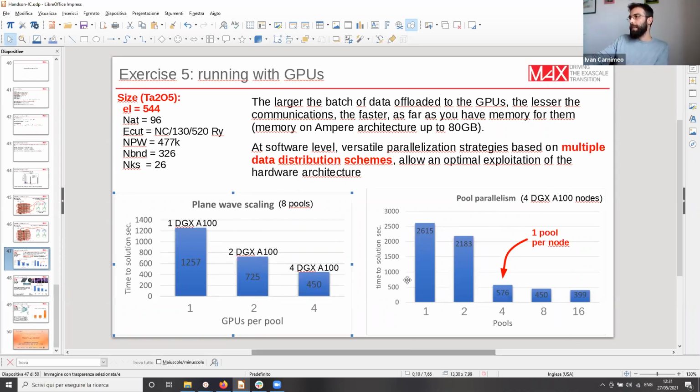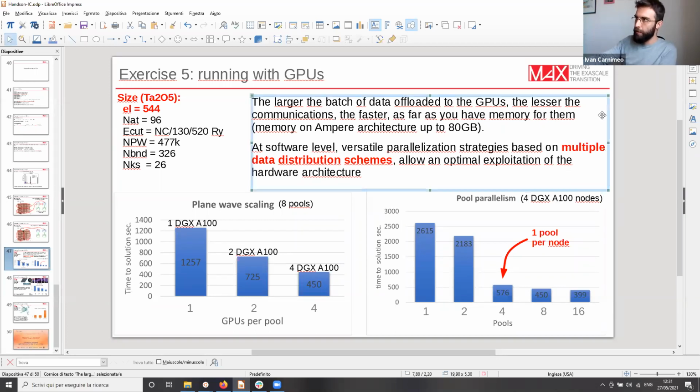So the pool parallelism, again, we use 1 pool, 2 pools, and here we have 4 pools and we are running on 4 nodes. So when we use 4 pools with 4 nodes, communications are really lowered. And for this reason, here we see a significant speed up using pools. So what we saw with CPUs is true with GPUs as well.